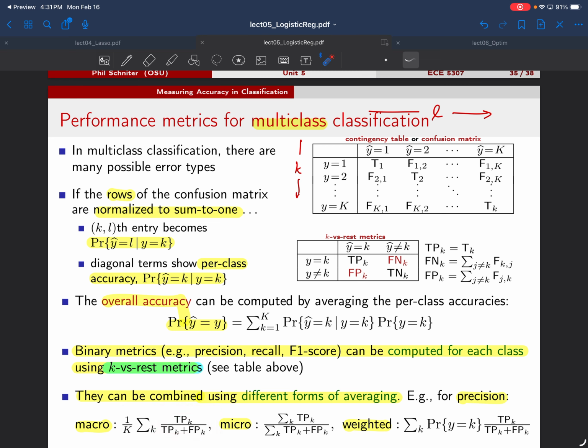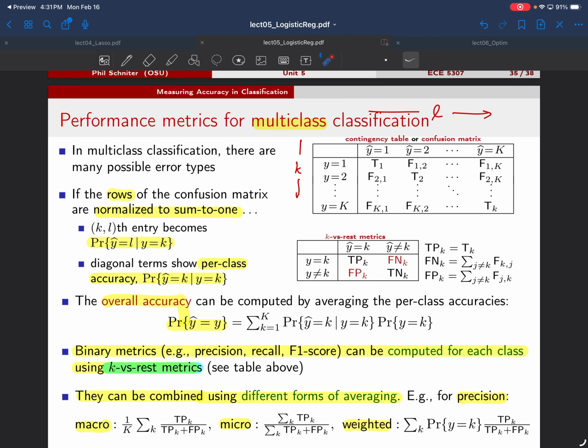That's called macro. Micro is where you do the averaging separately in the numerator and denominator, and then weighted is like the macro, except now you plug in the probability of y being in that class. So you compute these little 2 by 2 tables for all your classes, and then you combine them in one of several ways.